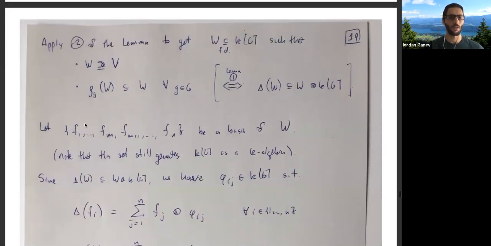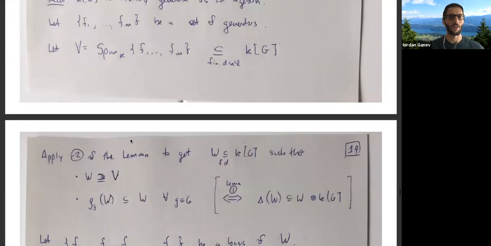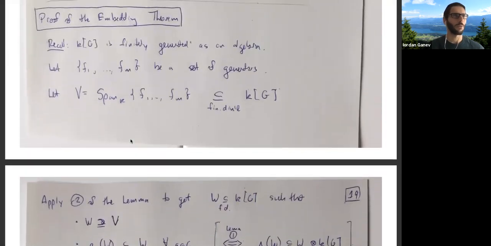For example, you can take a minimal generating set, and I think that would be, I want to say the dimension of G, but there may be some subtleties.